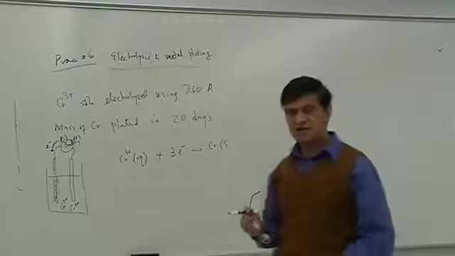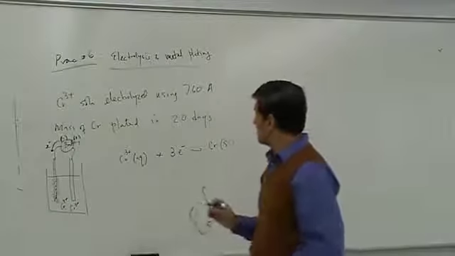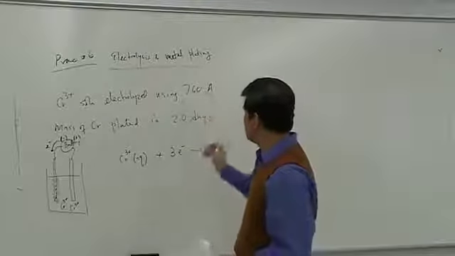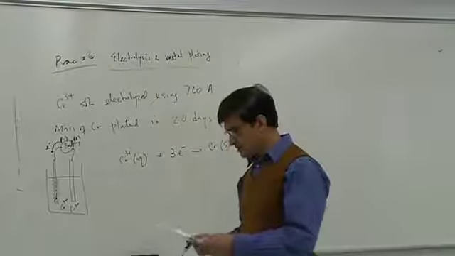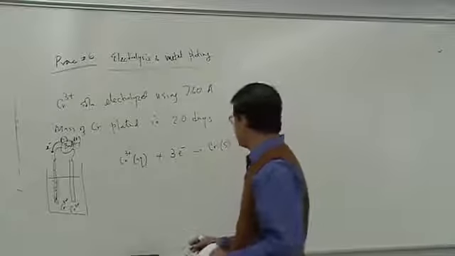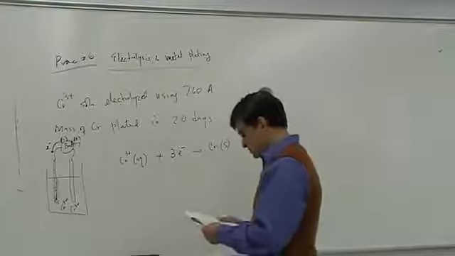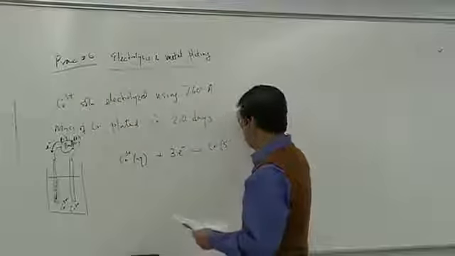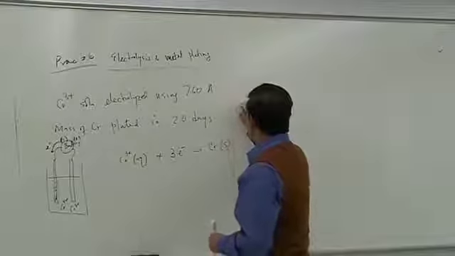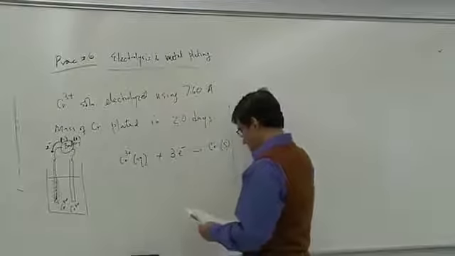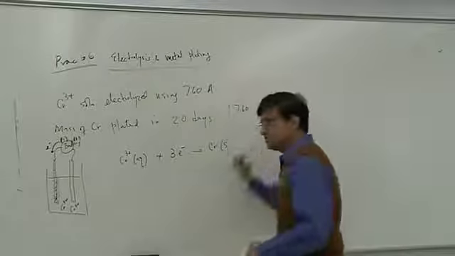Now what they're saying is they are passing 7.60 ampere of electricity for 2 days. And let's do the problem and see what we get as the mass of chromium. 7.60 ampere is the same as coulomb per second.